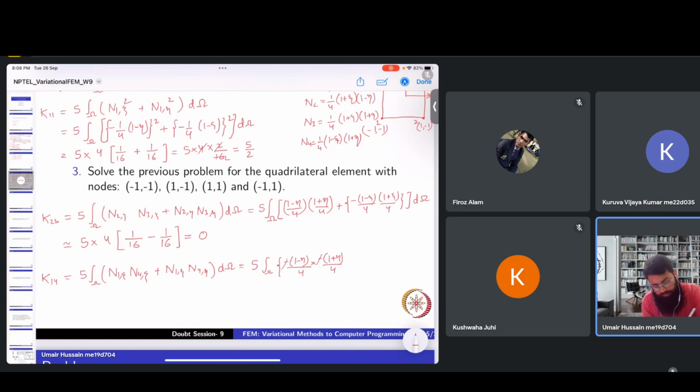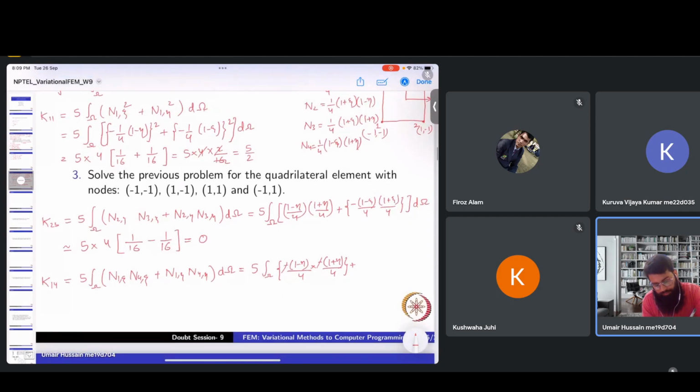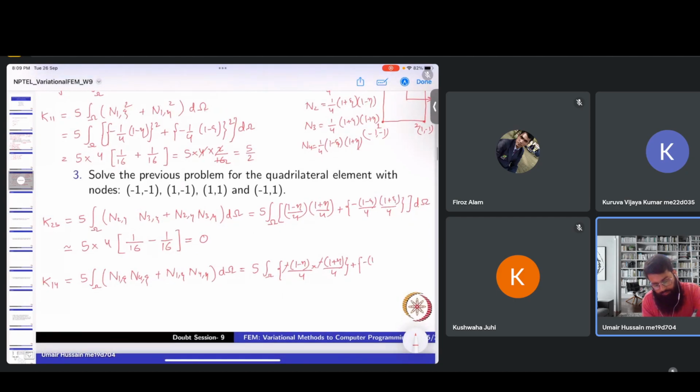These minus minus will get cancelled. And we have n1 comma eta is minus 1 minus eta by 4, and n4 comma eta is 1 plus eta by 4.